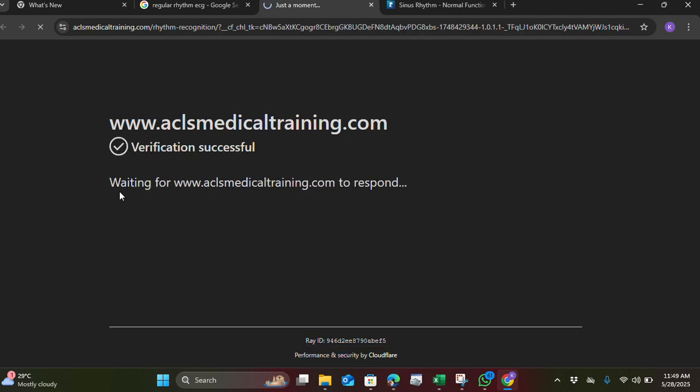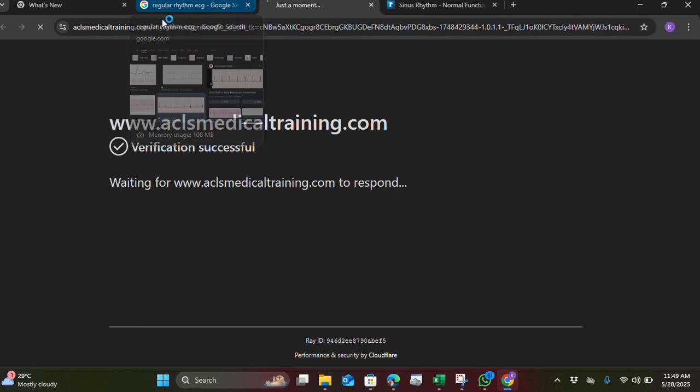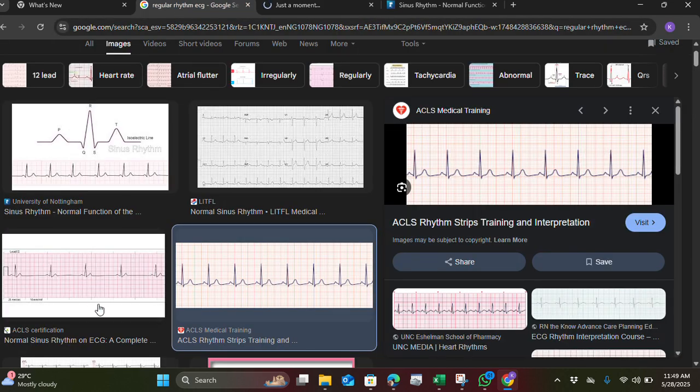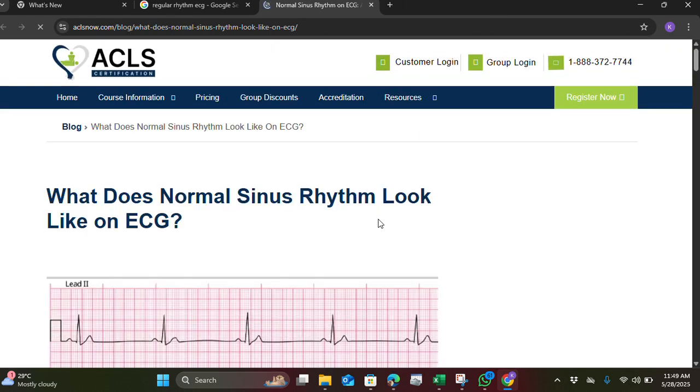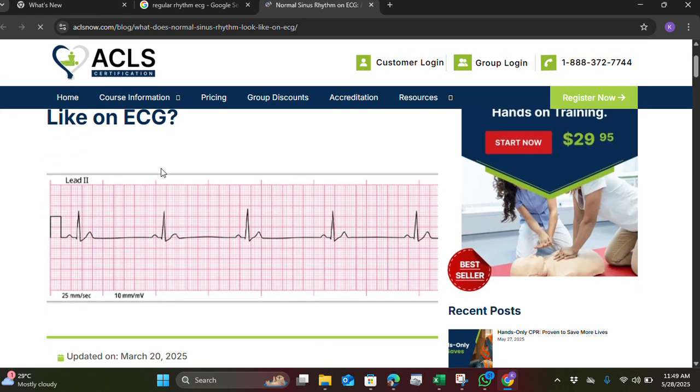Let this picture load so I can show you what I mean. Let's use this. Now this is what I mean. This is your P wave and this is your QRS complex and then your T wave.